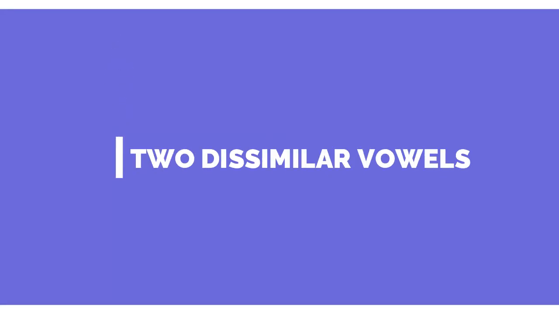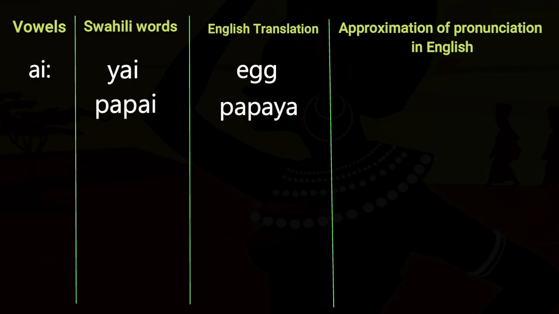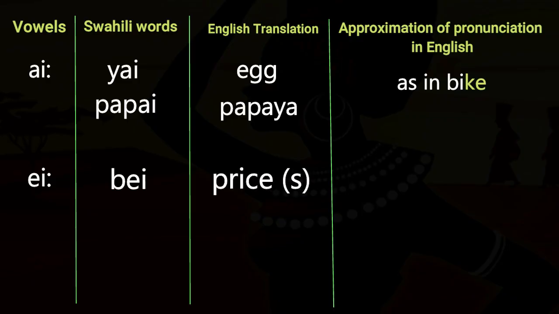And then we have 2 dissimilar vowels like a, e in words like yai, egg, papai, papaya, as in bike, e, a, e, in words like bei, price, mei, may, as in pay.